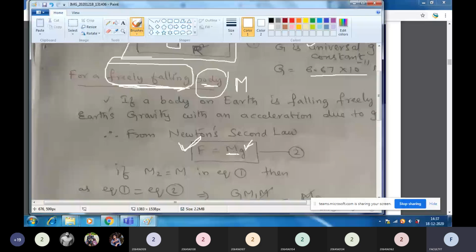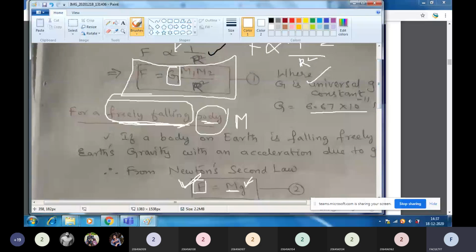Now what is the equation here? This is the equation of force, F, and the previous equation is also the expression for F, the force. So both the equations are the same. Here it is F and here also F. So equation number 1 and equation number 2 are equal.